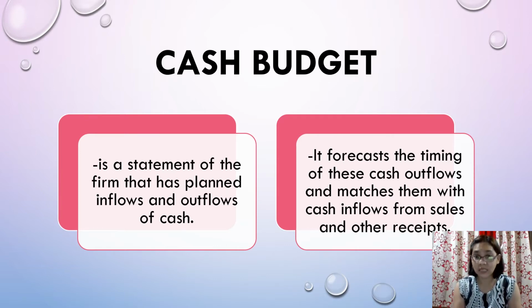The cash budget forecasts the timing of these cash outflows and matches them with the cash inflows from sales and other receipts. So the cash budget is also a control tool to monitor the way the company handles cash.